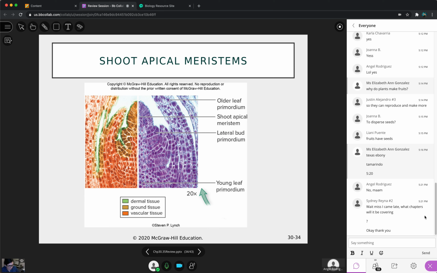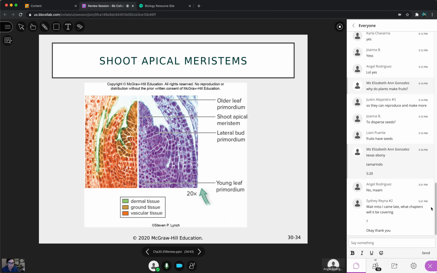Okay, so let's keep going. We are almost done. This is the plant form part, which is just the anatomy of a plant. Specifically, this is going to be for plants that have more developed tissues.